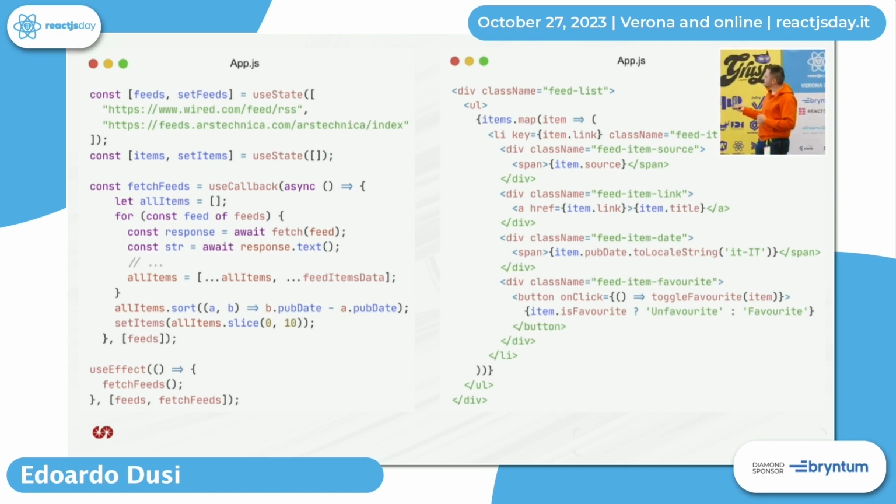State in React is managed using hooks. So we have the useState hook here, and I don't know if you really dived into how the useState hook works, but it's more or less like having two arrays, one for the values and one for the setters. And each time React iterates, so for every new cycle, it gives you the first value on the stack.